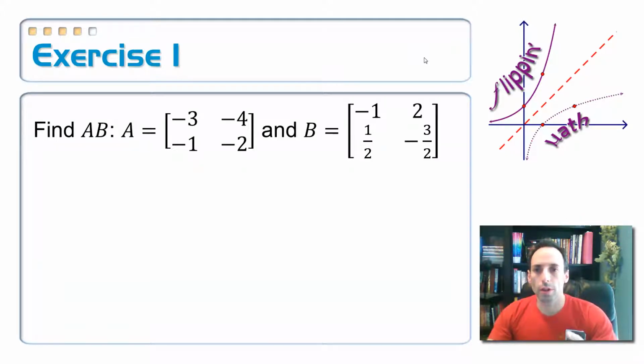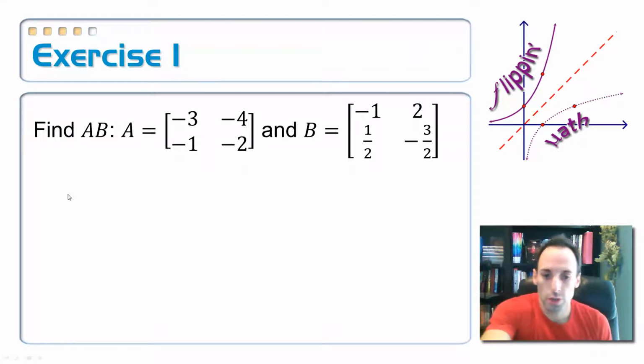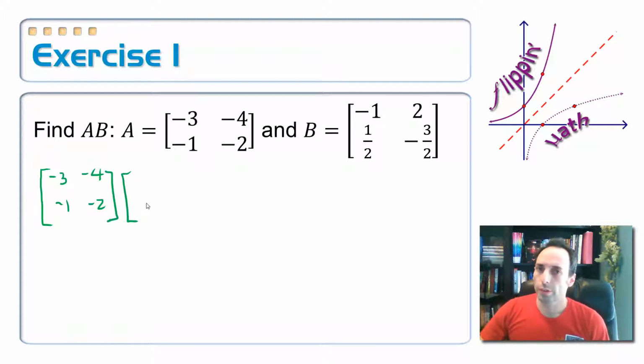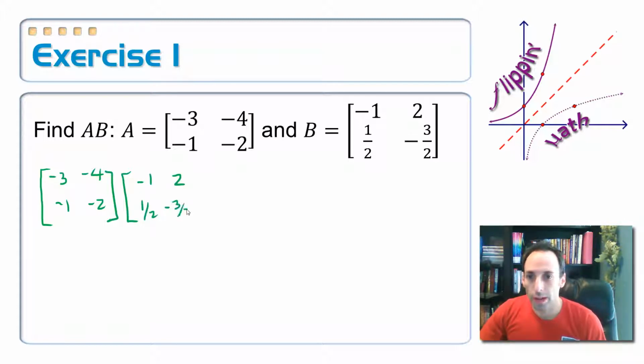Okay, so knowing that, let's multiply these two matrices together. We're going to find the product AB, and they're both 2 by 2, so I know that I can do the multiplication. So let's just go ahead and write these two things down. -3, -4, -1, -2, and I'm going to multiply it times, there's fractions in it, oh my gosh, what are we going to do? -1, 2, a half, and -3 halves.